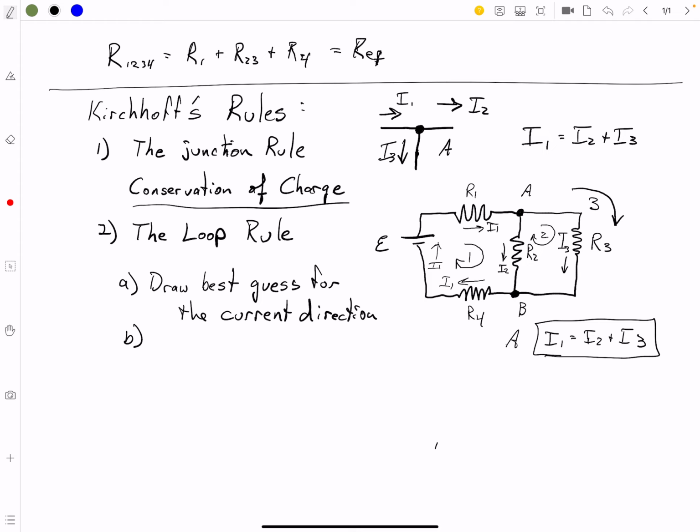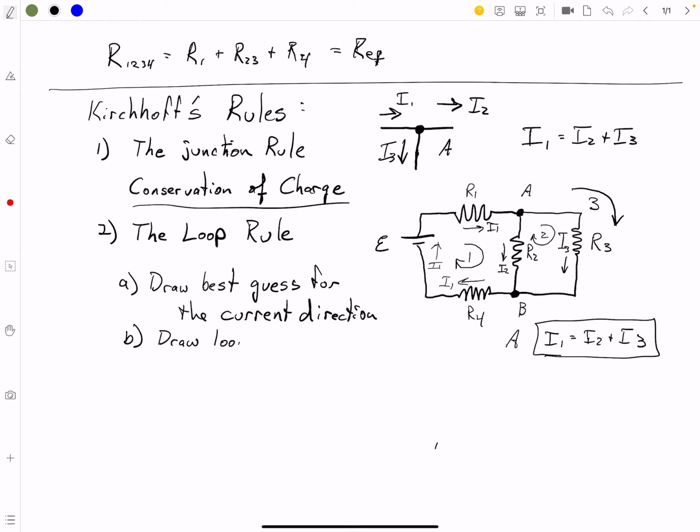The main reason I'm doing loop 1 clockwise is because it's going to give me a positive EMF, and I like that. Don't ask me why, I just do. Since 1 is going clockwise, I did 2 clockwise and 3 clockwise. So the loop direction doesn't really matter as long as you pay attention to the rules, okay? So draw your loops.